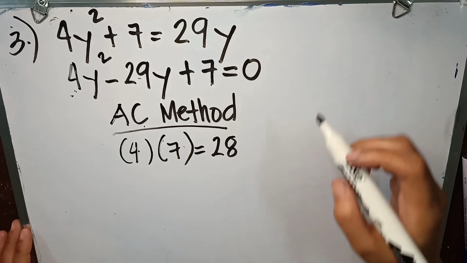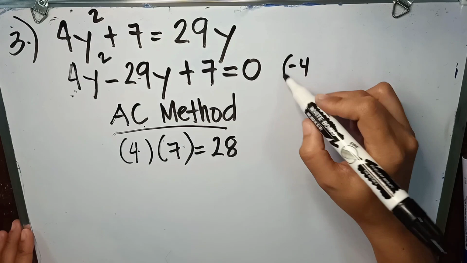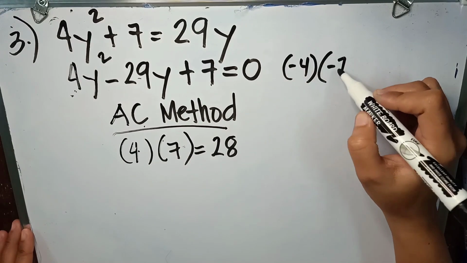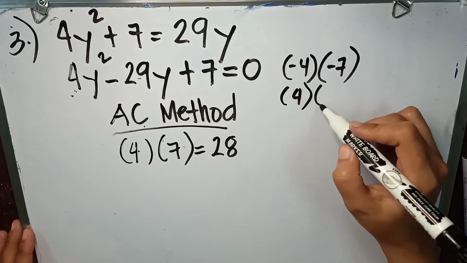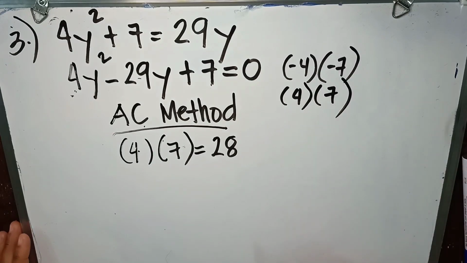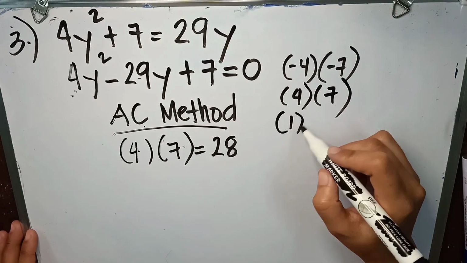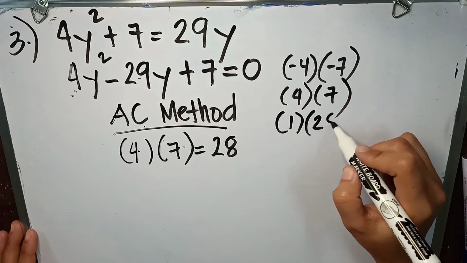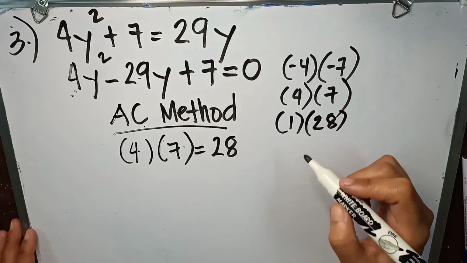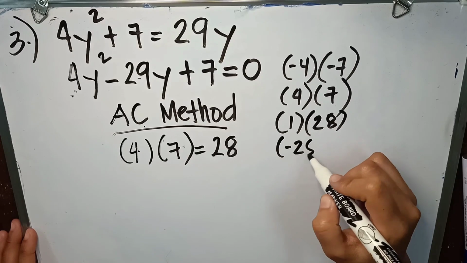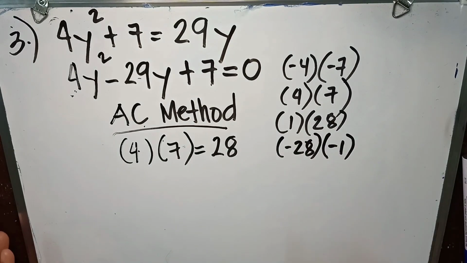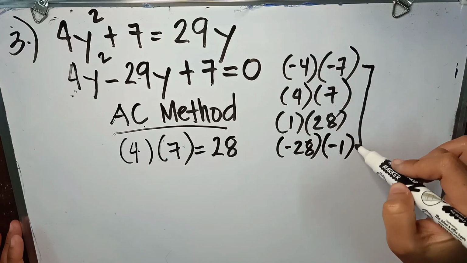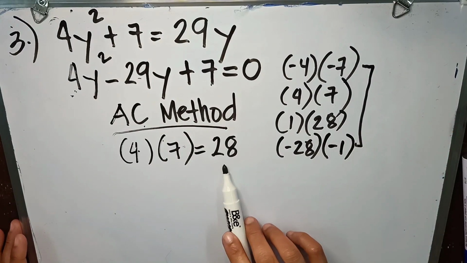We have negative 4 and negative 7, 4 times 7, 1 times 28, and negative 28 times negative 1. These are the possible factors of 28.